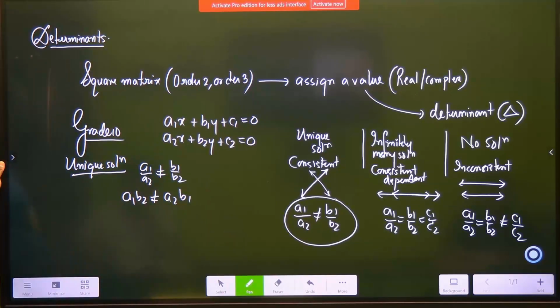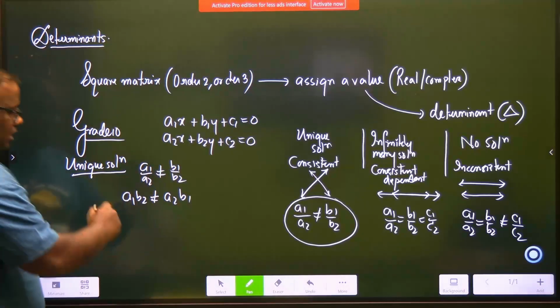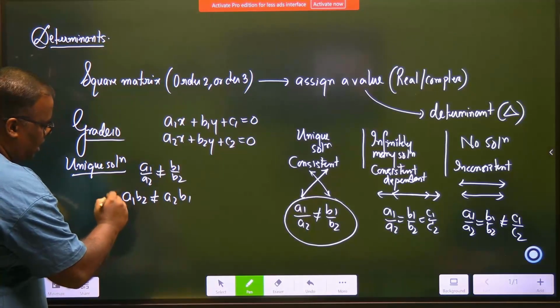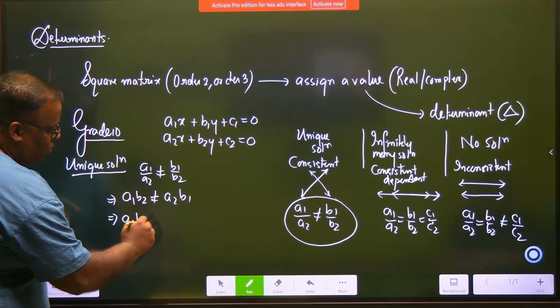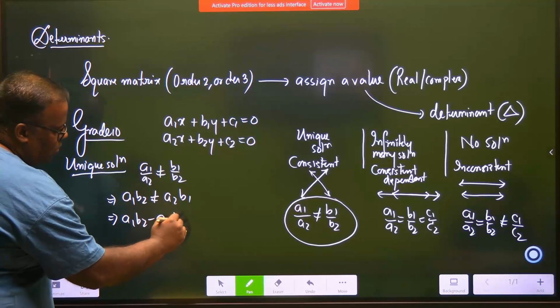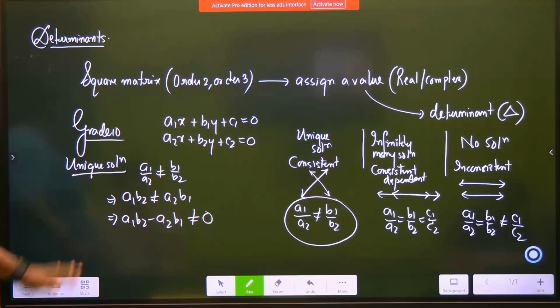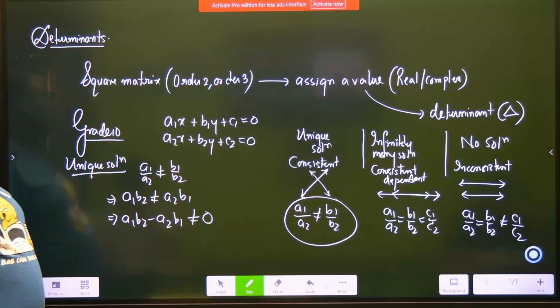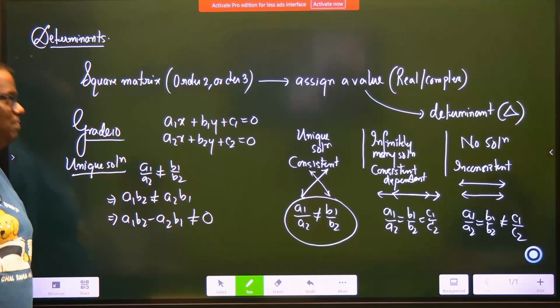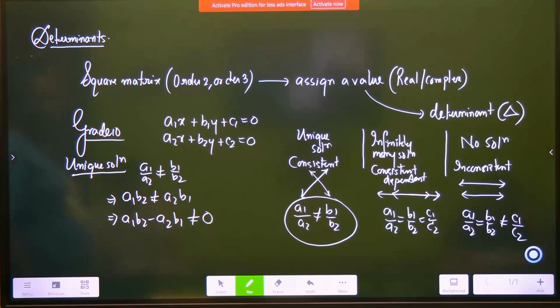Is this understood? Let me bring it to this side. I can write a1 b2 minus a2 b1 should not be equal to 0, right? From here, the birth of determinants takes place.